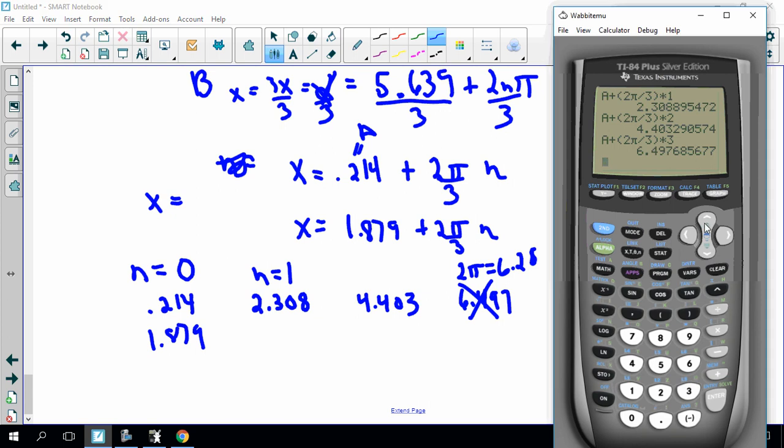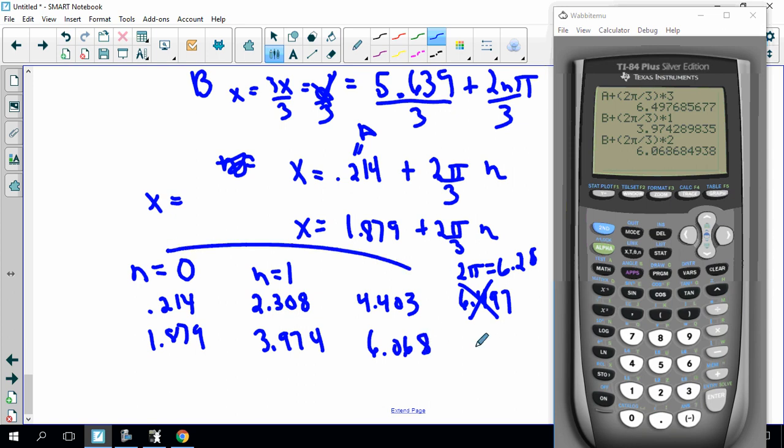And then reselect, go back up here, switch this to alpha B, and you get your 3.974, reselect, enter, switch to 2, enter, 6.068, and those are my radian answers.